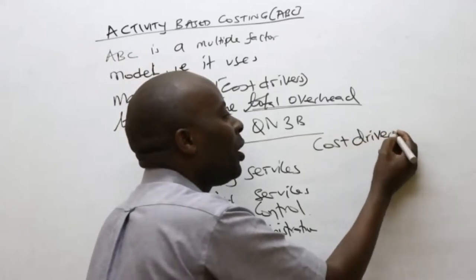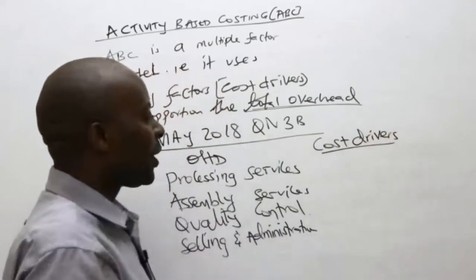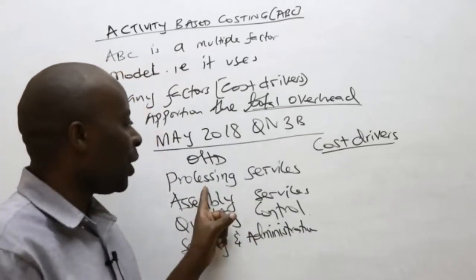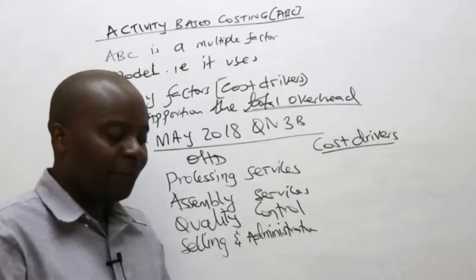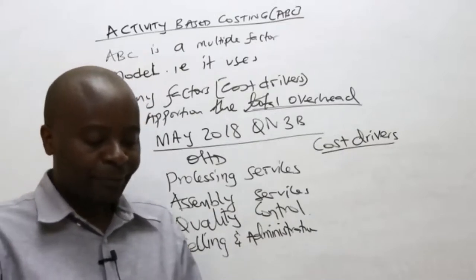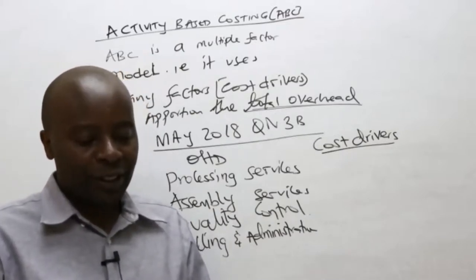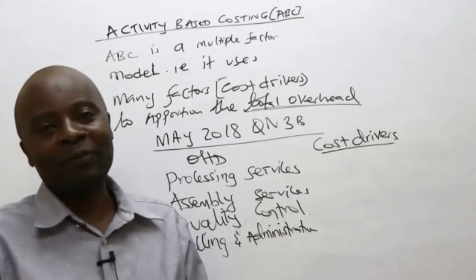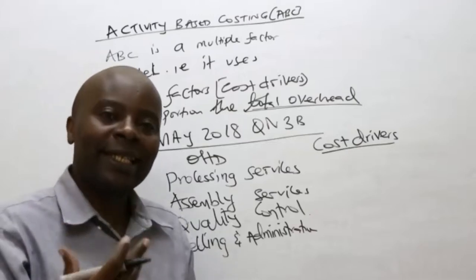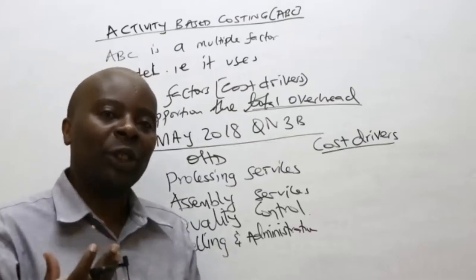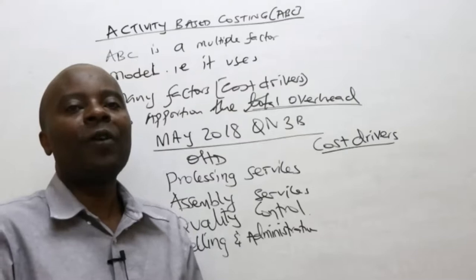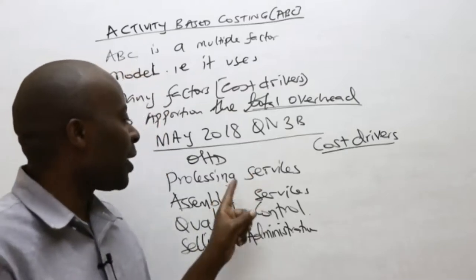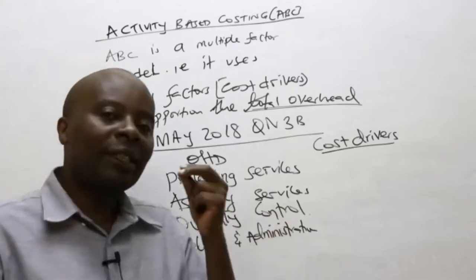So we start with processing services. Now, when you look at the items you're given there, like in note number 4, ladies and gentlemen, processing is normally done by machines. So the factor which will be affecting processing services overhead will be the machine hours.